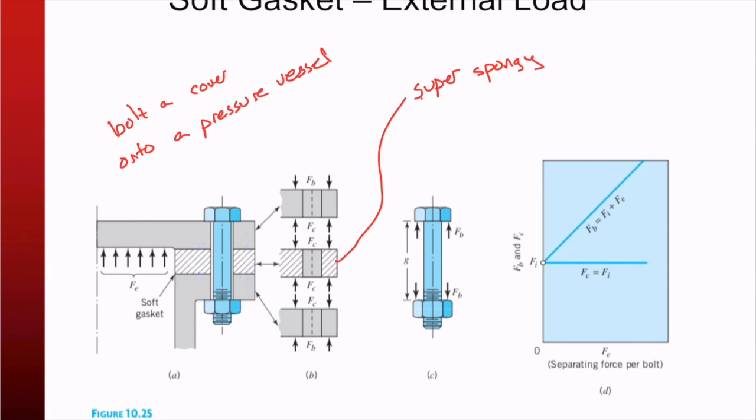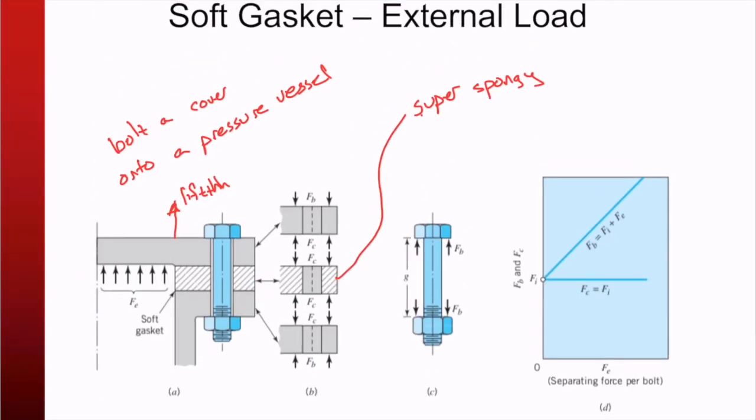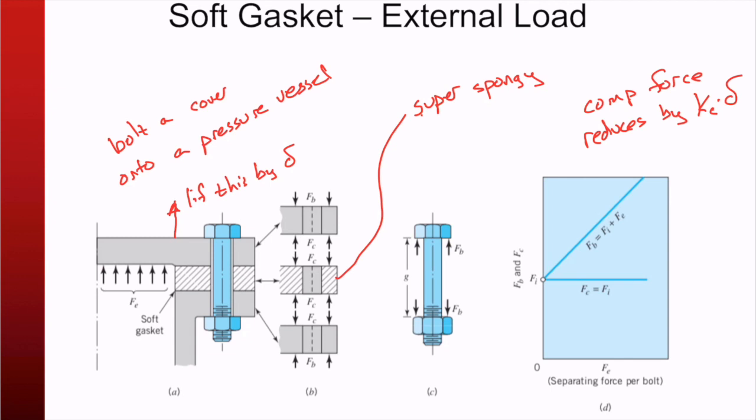The problem is, if I lift on this by some delta, the compressive force goes down by the stiffness of the clamped members, so that's Kc times delta, right? But Kc is really, really small.